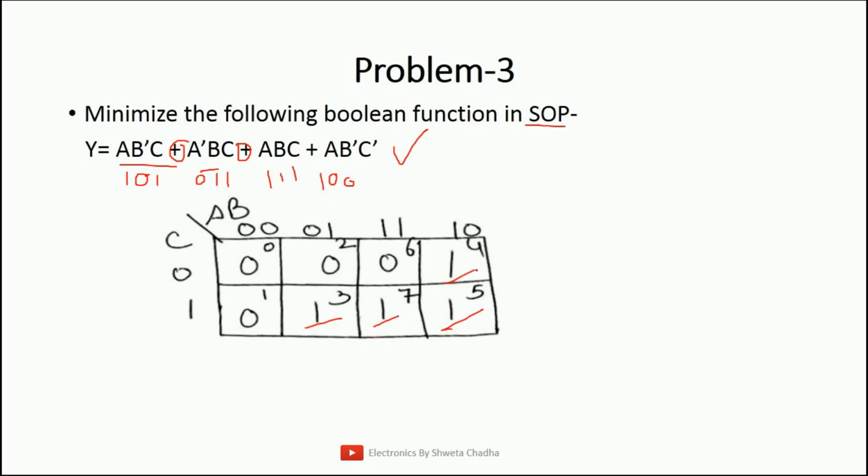So we have already filled all the respective ones because the expression is SOP. On the other hand, the empty spaces will be filled with the help of the opposite value, that is 0. Here comes the opposite value in the remaining blocks.